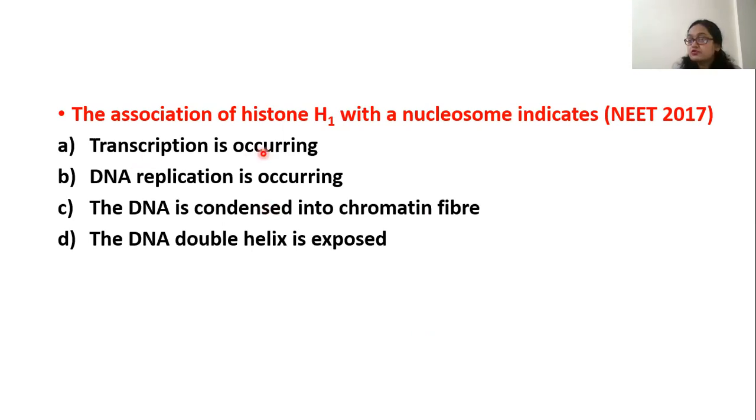It will not show that transcription is occurring, neither will it show DNA replication, because histone H1 is used in compaction and is a part of the linker DNA. So option C, the DNA is condensed into the chromatin fiber, is correct. And the DNA double helix is exposed is also a wrong answer.